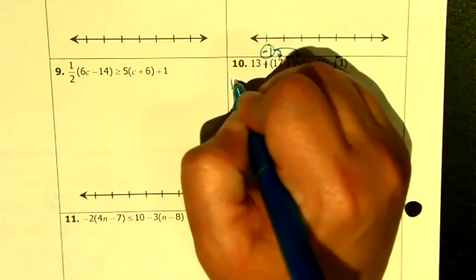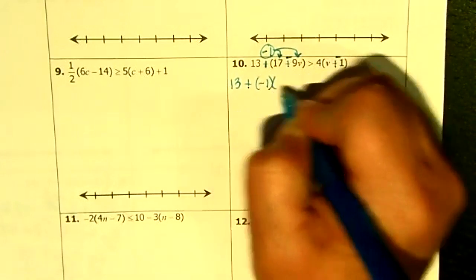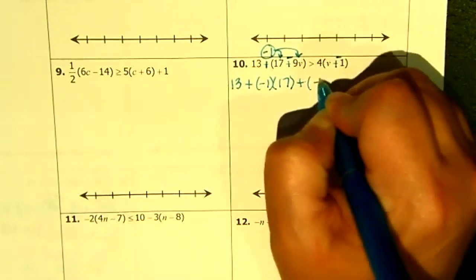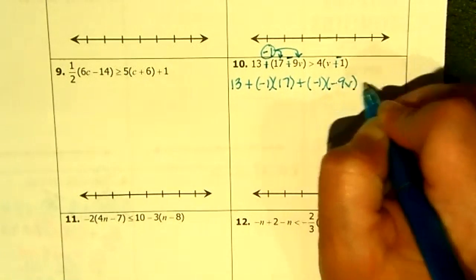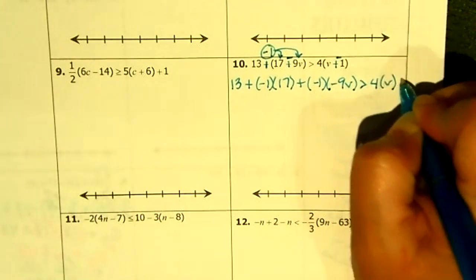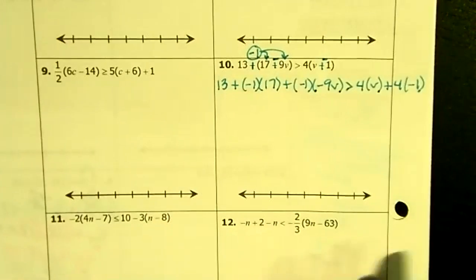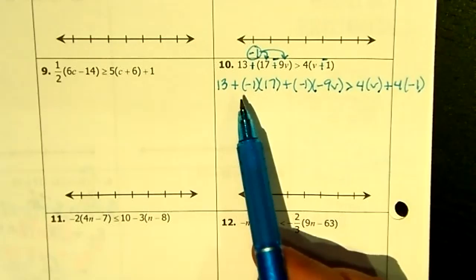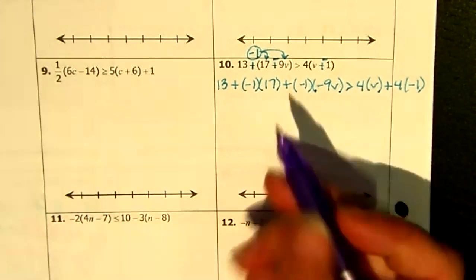So we have 13 plus negative 1 times 17 plus negative 1 times negative 9v is greater than 4 times v plus 4 times negative 1. Some of us may not need this step right now, but if you make integer errors, write this step out because it will help you tremendously.